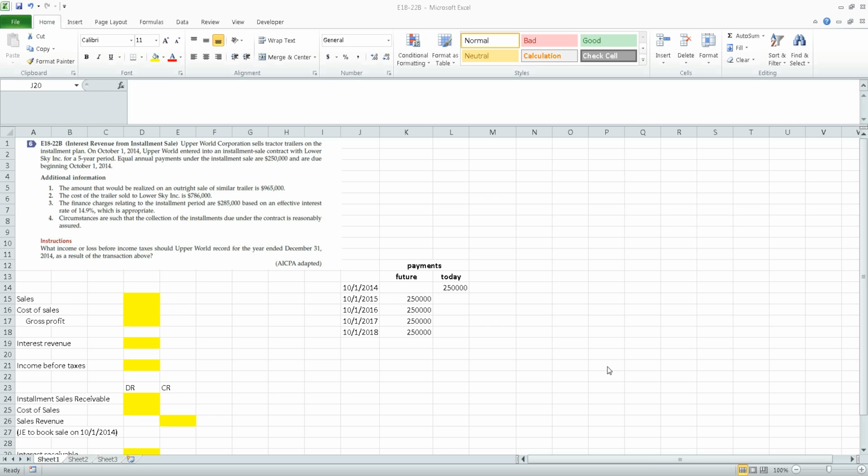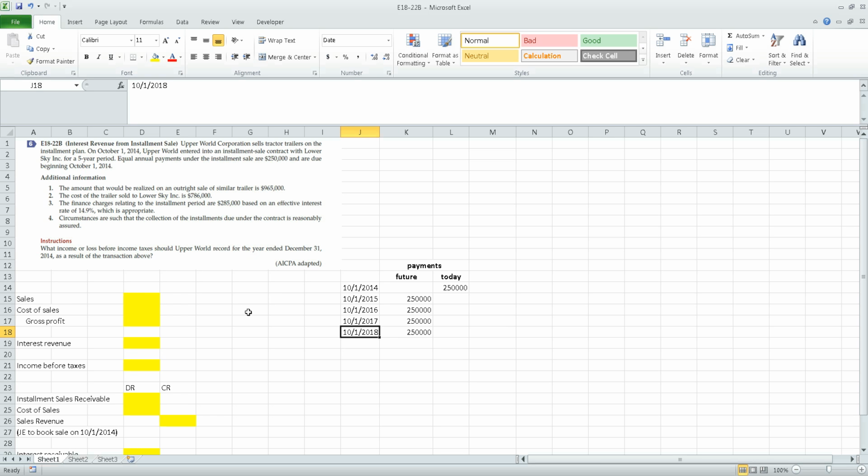The first payment of $250,000 would take place today on October 1st, 2014. That's the day of the sale. And then the remaining 4 payments of $250,000 would be made October 1st of each of the succeeding years, 2015 through 2018.